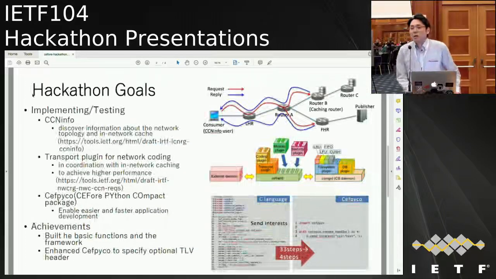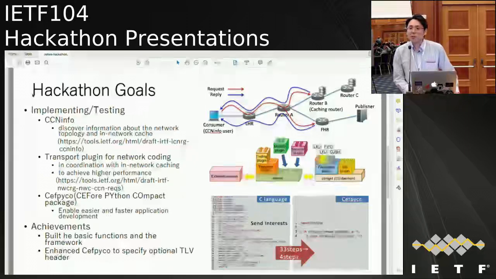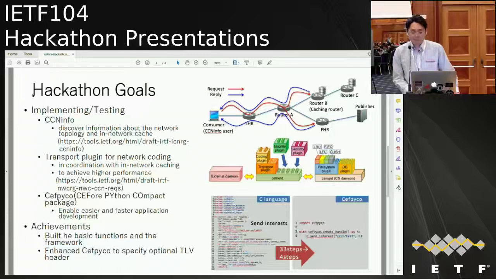So we have 3 goals in this hackathon. One is to implement CCNinfo, which can be used to discover information about network topology and in-network cache. The specification is described in this draft.